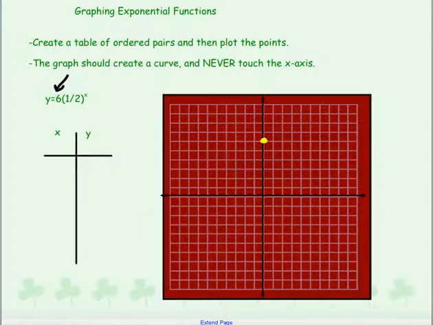And then we have 1/2. Okay, the 1/2 tells me, is this decay or is this growth? Well, since it's under 1, we say that it's decay. So this isn't going to be perfect, but we're going to have some type of decay rate that looks like this. All right, and I know that because my initial value is 6, and we have a b value that is under 1, which is 1/2.